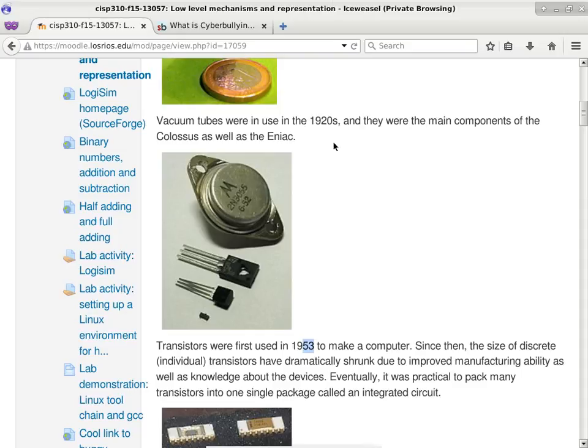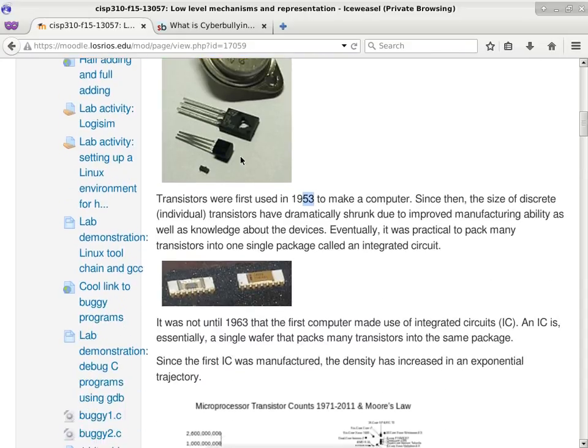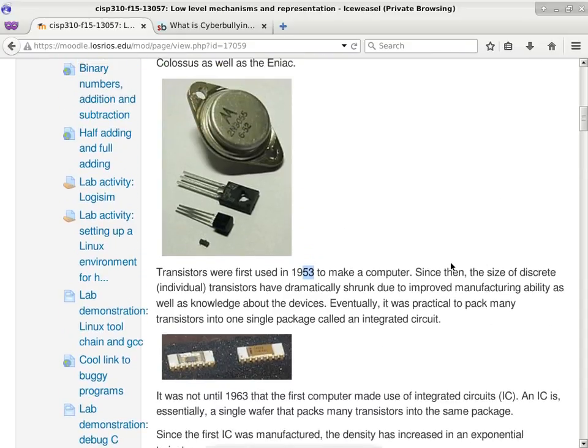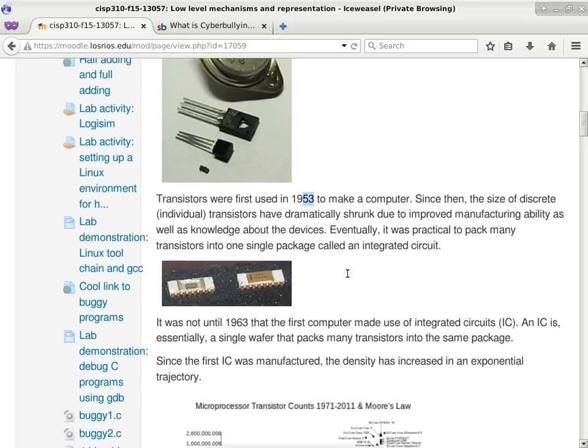Transistors are much smaller, but they are still discrete transistors. In other words, each package that you put onto a circuit board is one single transistor. They are smaller than vacuum tubes and do not consume as much electricity, but nonetheless, they're not very small either. Eventually, it was practical to pack many transistors onto one single package, and we call that an integrated circuit, or IC, or chip.